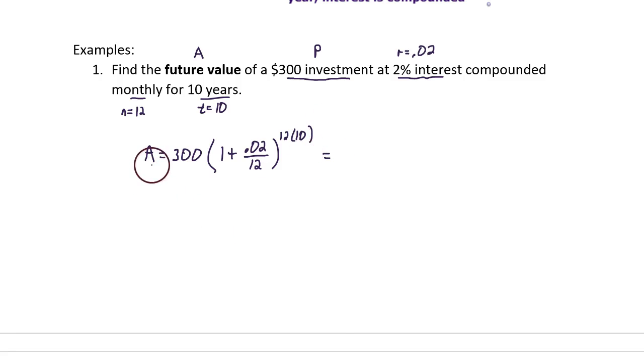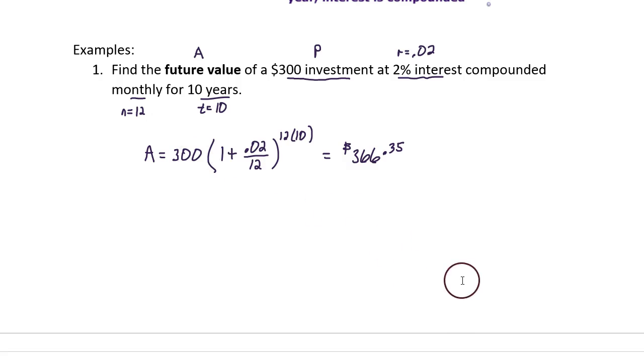Observe that the unknown is the left side of the equation, so to get the answer, type this entire expression in the calculator and push enter. The result is $366.35. When solving this problem, we did not need to use a logarithm.